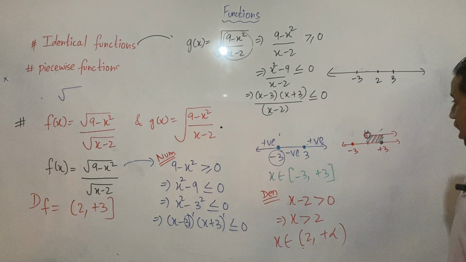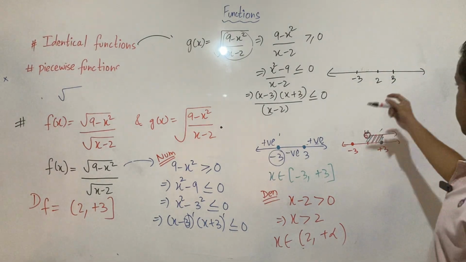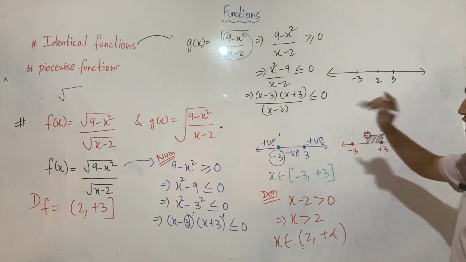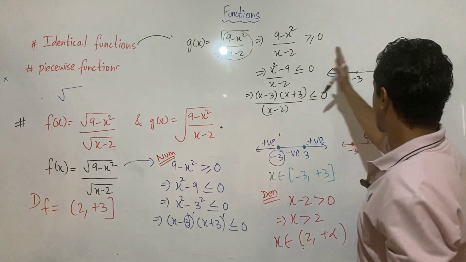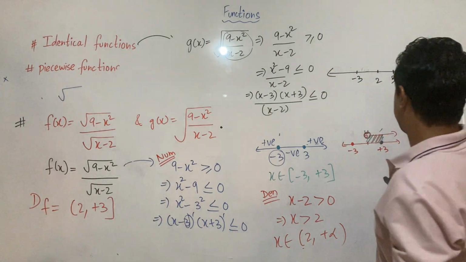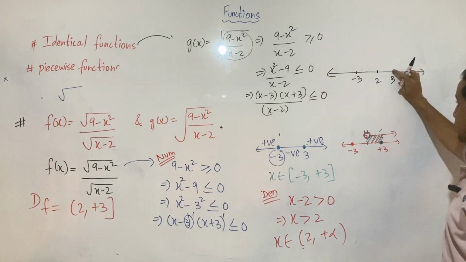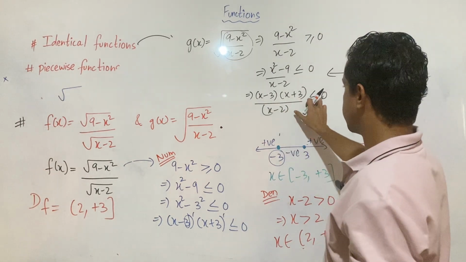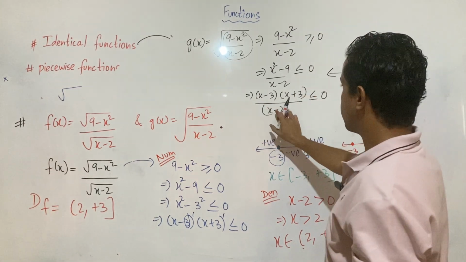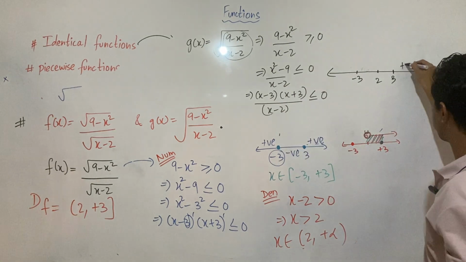Now we know that you can start with the left or the right extreme end, and take any value. For example, here take 4. 4 minus 3 positive, 4 plus 3 positive, 4 minus 2 positive. It means here it's going to be positive.